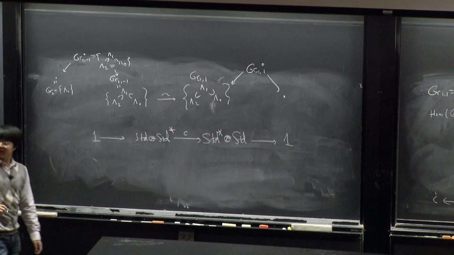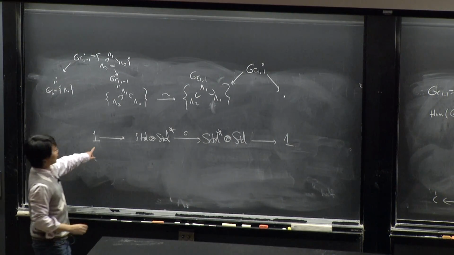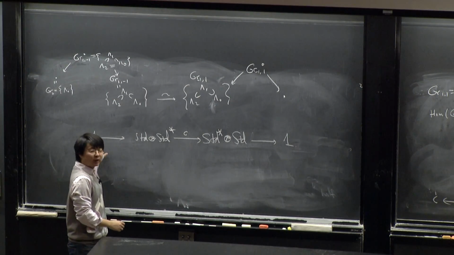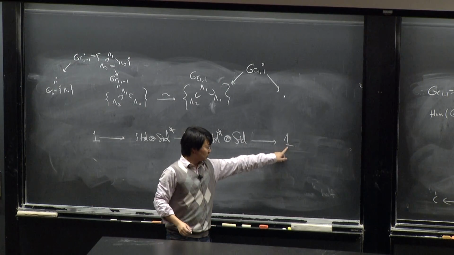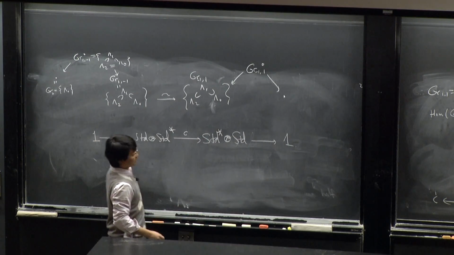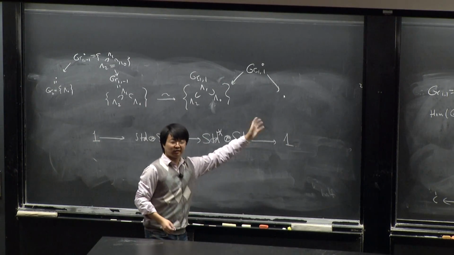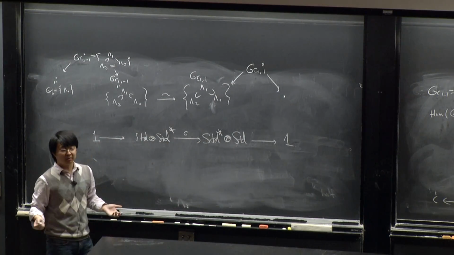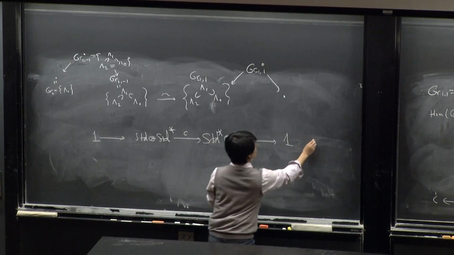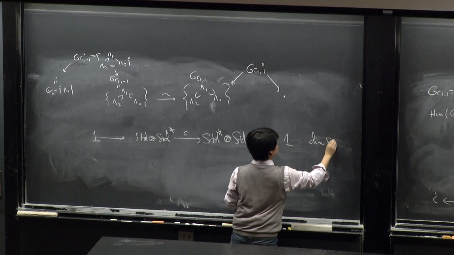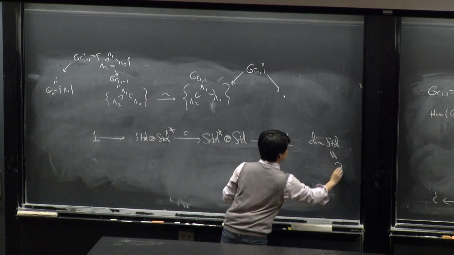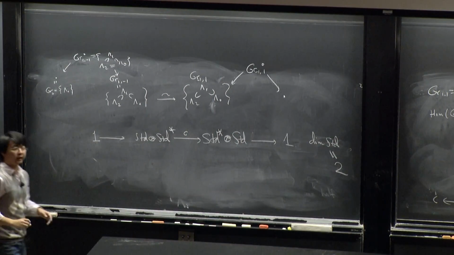And we know this is going to be a homomorphism from the one-dimensional representation to just the vector space Q, so it's going to be given by a number. What is this number? This is given by the dimension of the standard representation, which is 2. Okay?